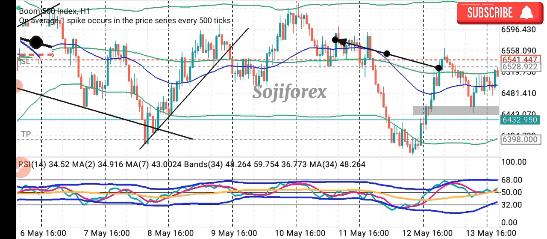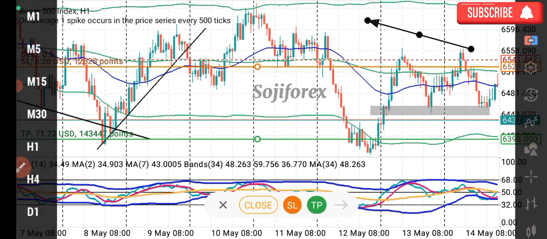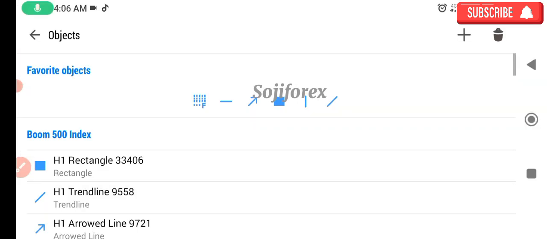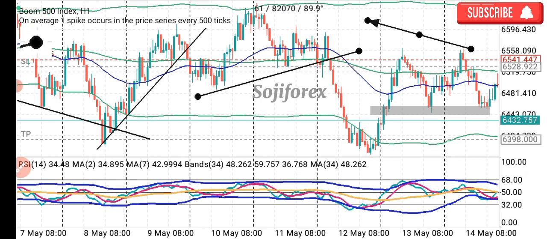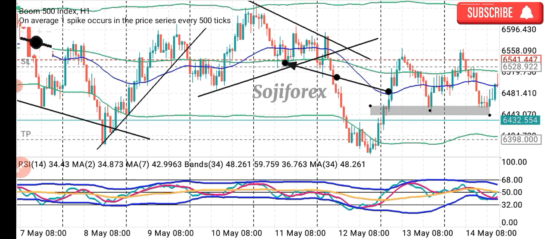Afterwards price pushed up, and we would have caught a triangular short pattern in this area. This could have been another short pattern, and as you can see, this is a symmetrical triangle.